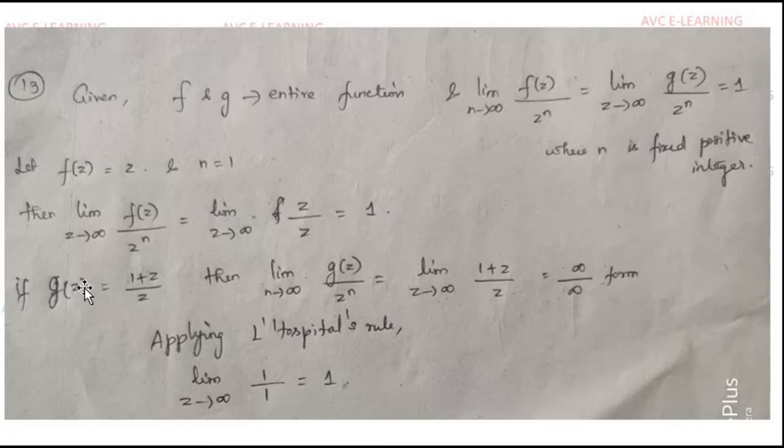Taking the limit as z tending to infinity in f of z by z power n, we get the value 1. If g of z is equal to 1 plus z, then g of z by z power n as z tends to infinity, we get the value 1.